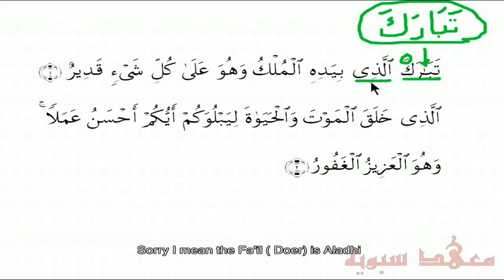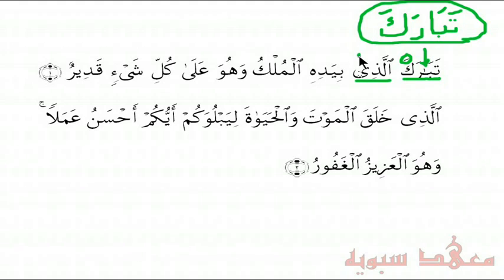The fa'il is alladhi. Alladhi is mabni ala sukun. I'll just do a sukun there. You can either do a small circle or that sukun. So it's mabni, as I said, and it's the fa'il, so it's fi mahal rafa'.